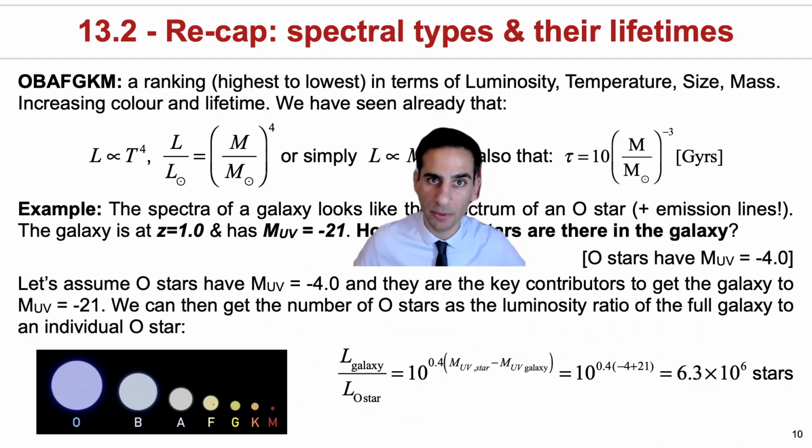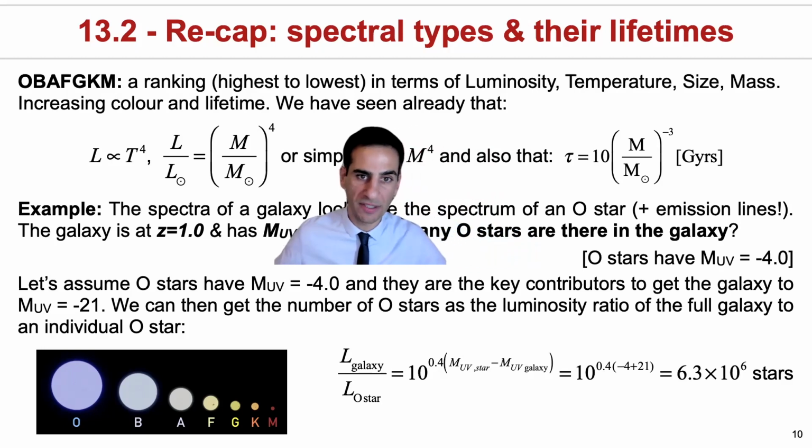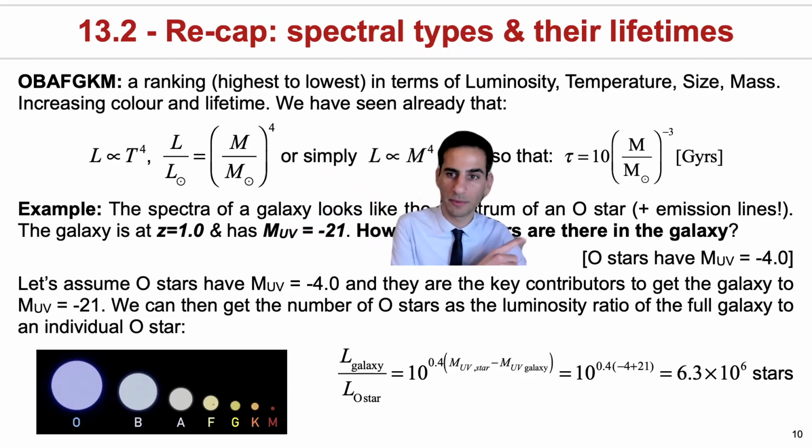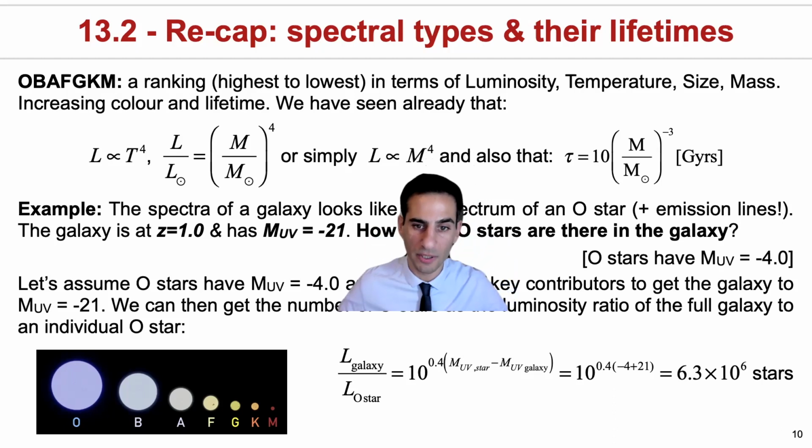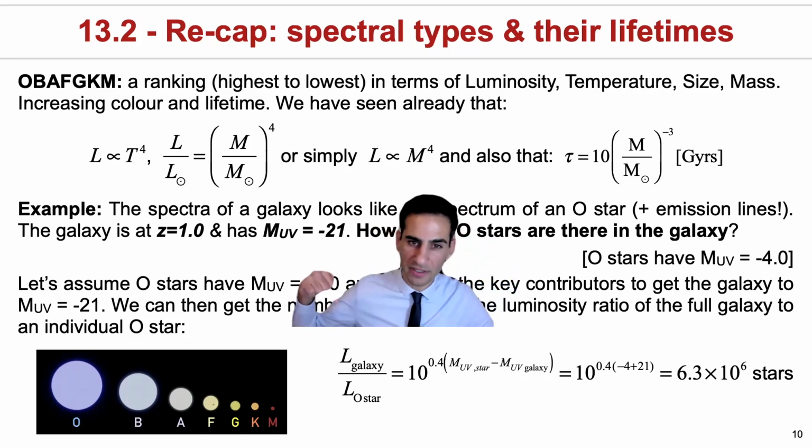In order to tackle a problem like this, what you need to do is have an idea of the absolute magnitude of that specific spectral type. You're given it here in the problem. That would be minus 4. We're looking in the UV just to be specific. And based on the spectrum, we can assume that essentially all the light that we're seeing in the UV is coming from O-class stars, and therefore we can very easily compare.